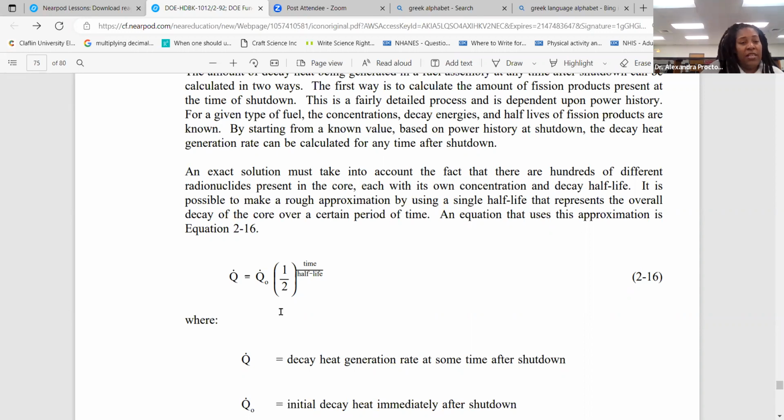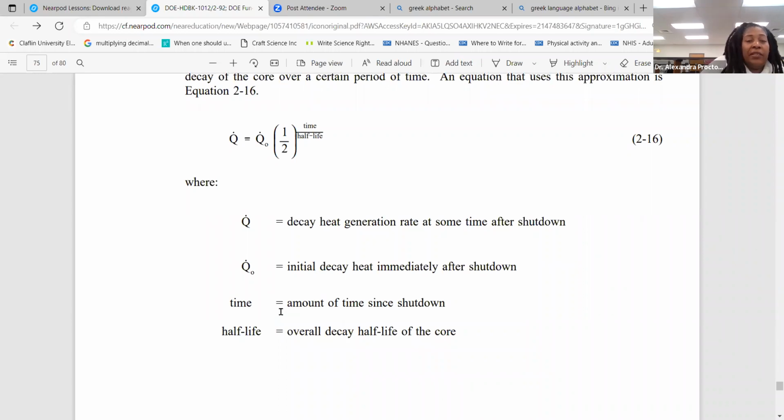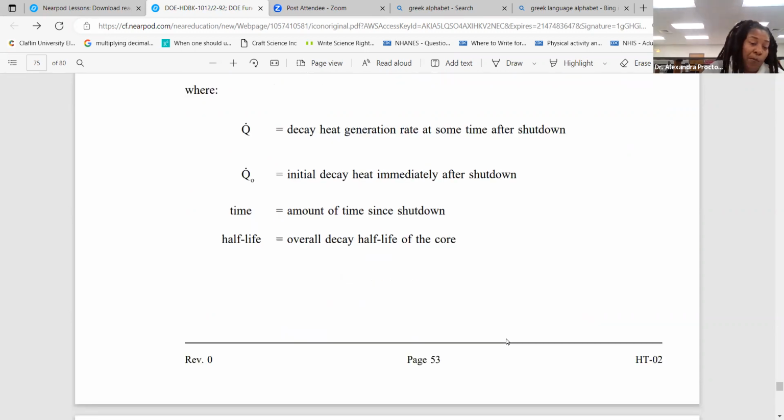And the equation used is Q equals Q0 times 1/2 raised to the power of time divided by half-life, where Q is the decay heat generation rate at some time after shutdown. Q0 is the initial decay heat immediately after shutdown. T is the time since shutdown, and half-life is the overall decay half-life of the core.